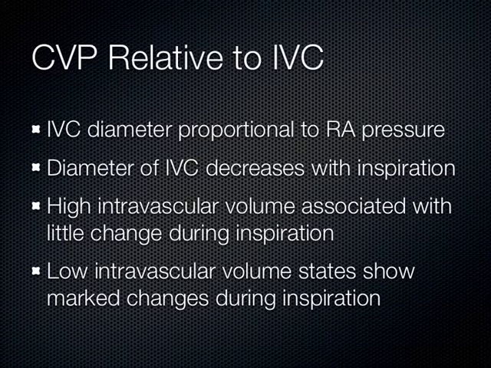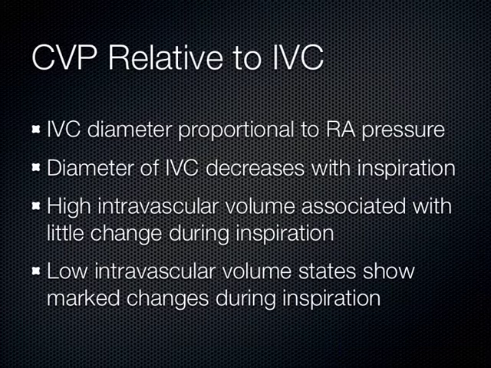We're going to practice all this stuff today, but I just want to show this to you briefly. So it turns out that the IVC, as you know, dumps into the right atrium of the heart, and therefore it's proportional to what the right atrial pressure is. As you breathe in, as you inspire, the diameter of the IVC should decrease, okay?